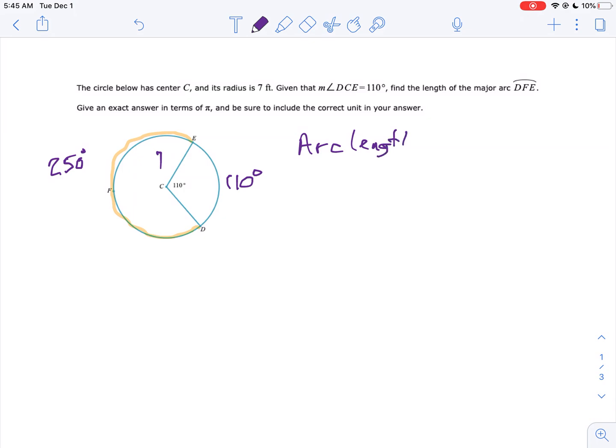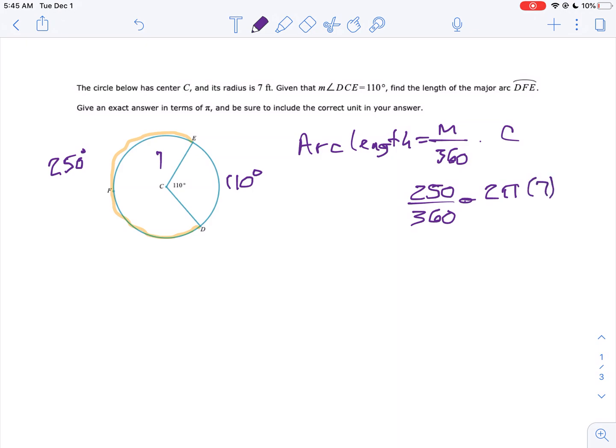It is the fraction of the circle we're doing, so it's the measure of our arc over 360 times the circumference of the circle. Well, in this case, the measure of our arc is 250 degrees over 360. And the circumference, well, that's 2 pi r, isn't it? So 2 times pi times 7.